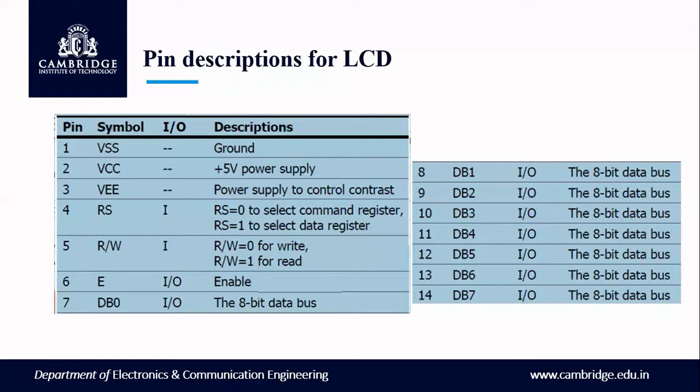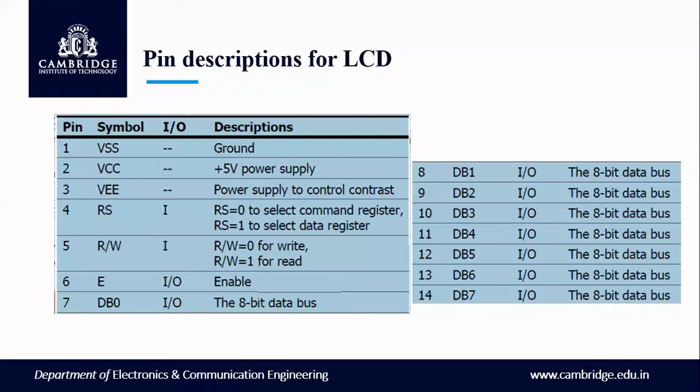The RS pin plays a very important role here. Pin number 4, RS, is an input pin. If RS is 0, you select the command register. Whenever you are going to initialize the LCD, we need to send the command register values, or we call them command codes, in order to initialize your LCD. In that case, RS should be made 0, so that you are writing the command codes onto the LCD.